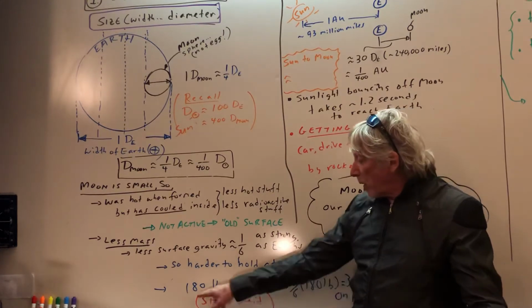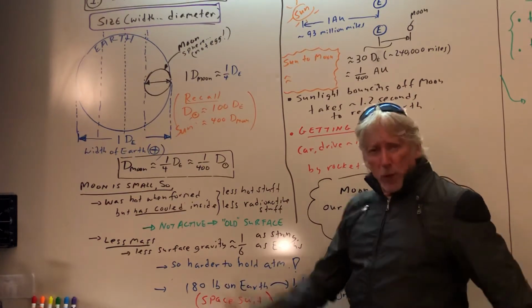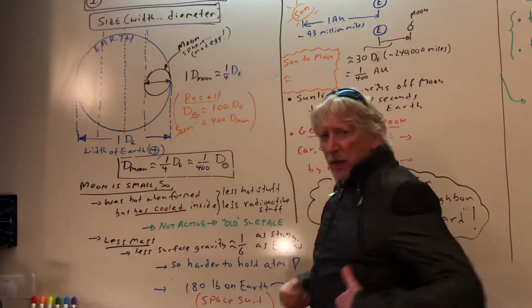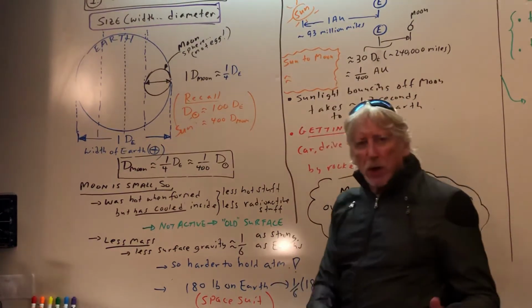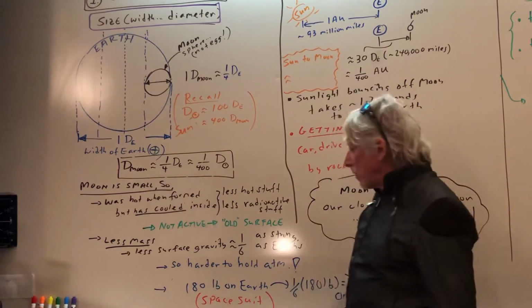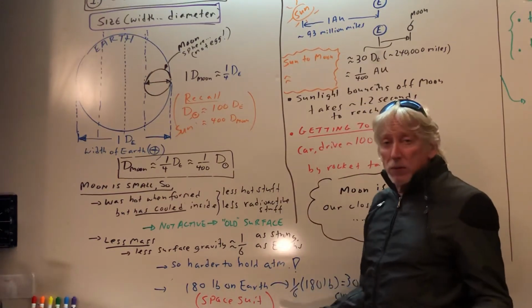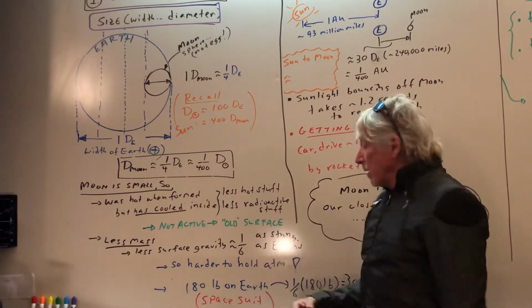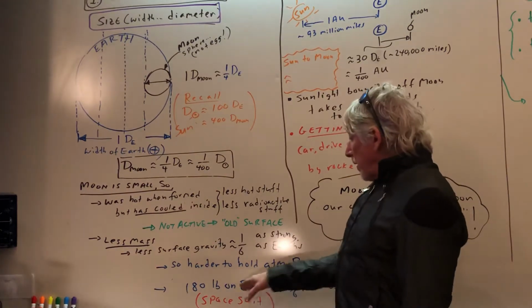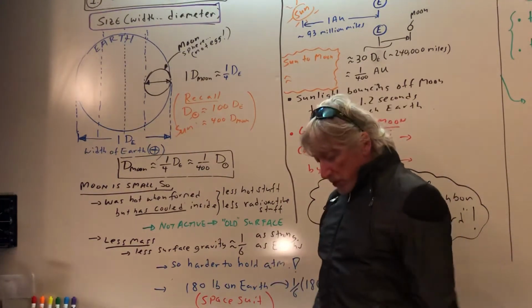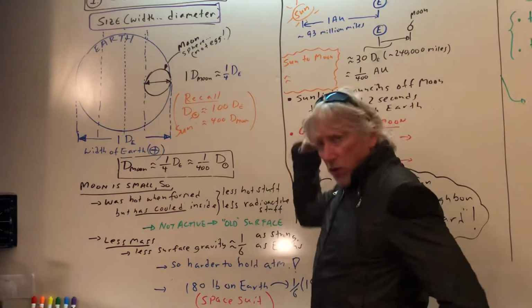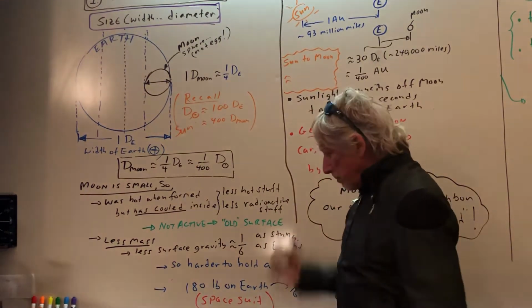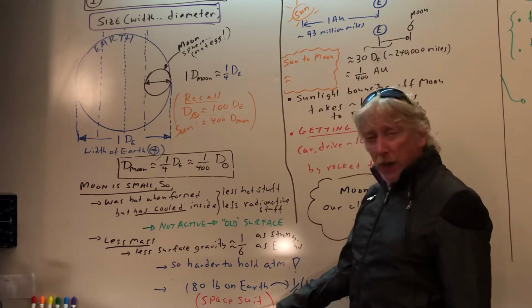And by the way, a spacesuit with the pack that regulates your temperature and your air and all that, right, is about 180 pounds. And people are working on that and so on, but figure 180 pounds. It's like me jumping on your back, right? So on Earth, you step on a scale, and if it says 180 pounds, or you put that whole suit on with the pack and all, 180 pounds.